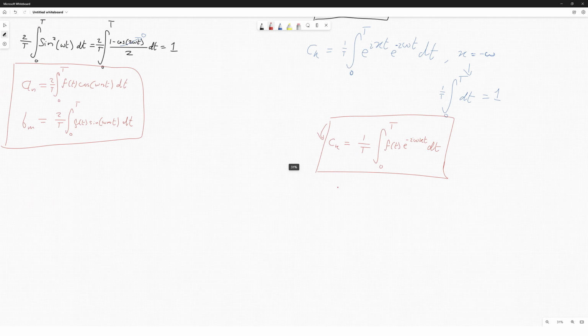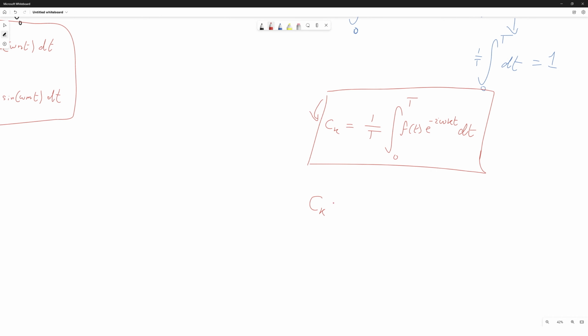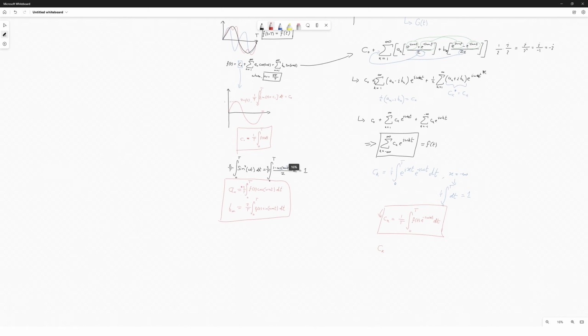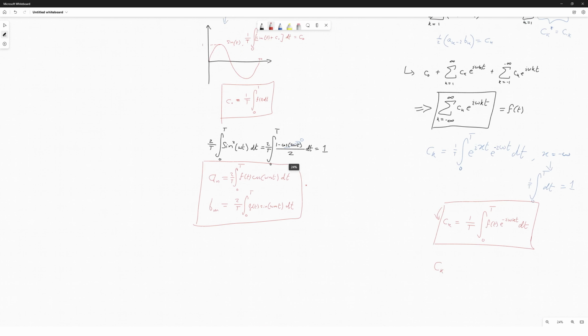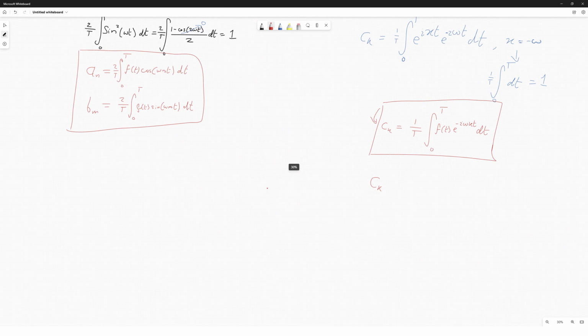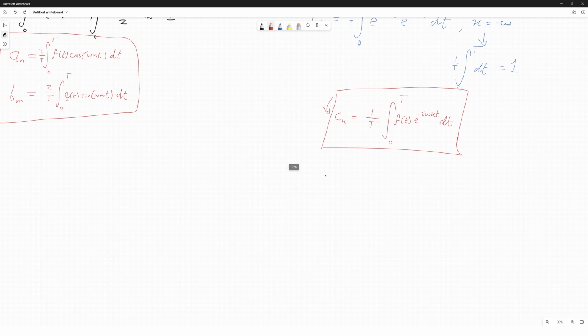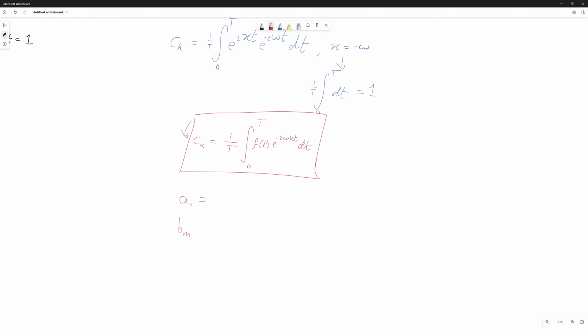And because of the way that we have defined c sub k, we can even get out the normal coefficients. We still have to carry out this integral, but instead of having to carry out these two lengthy integrals, if we want a sub n and b sub n, all we have to do is, well, we have that c sub k is equal to half a sub k minus i b sub k.